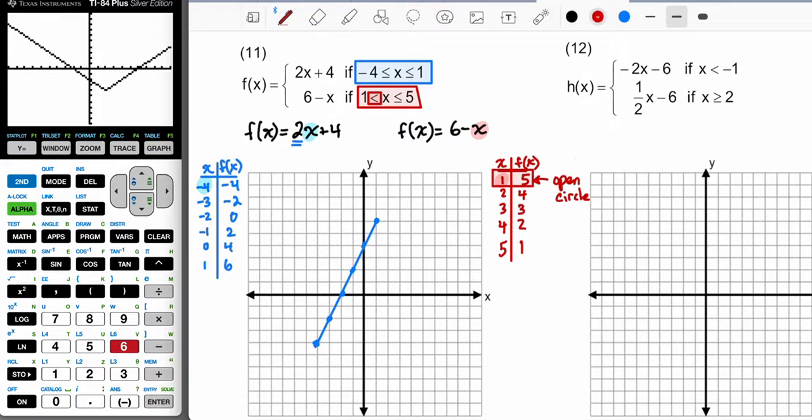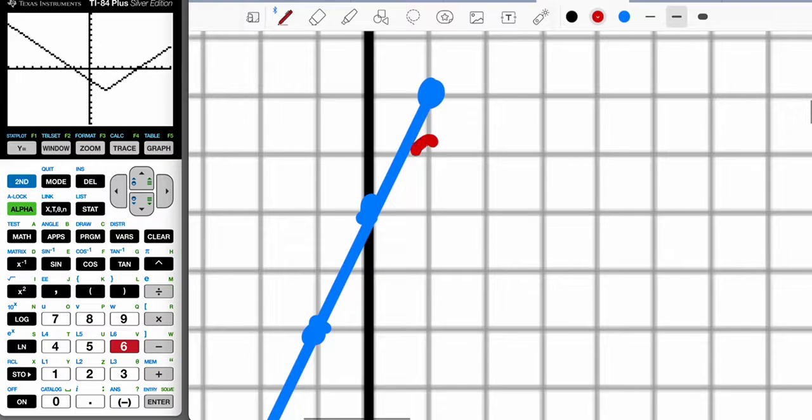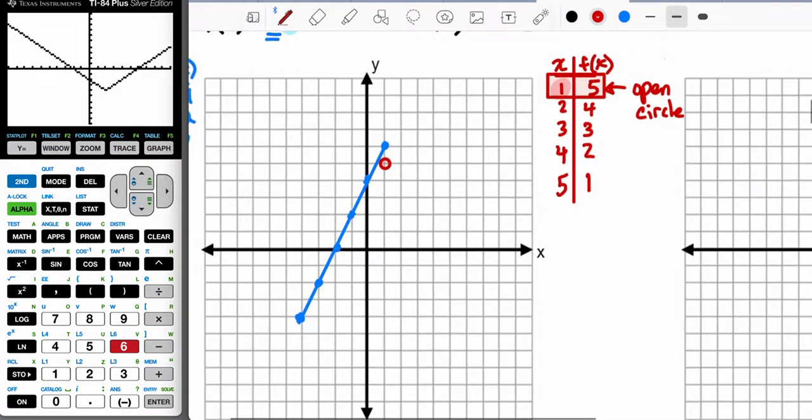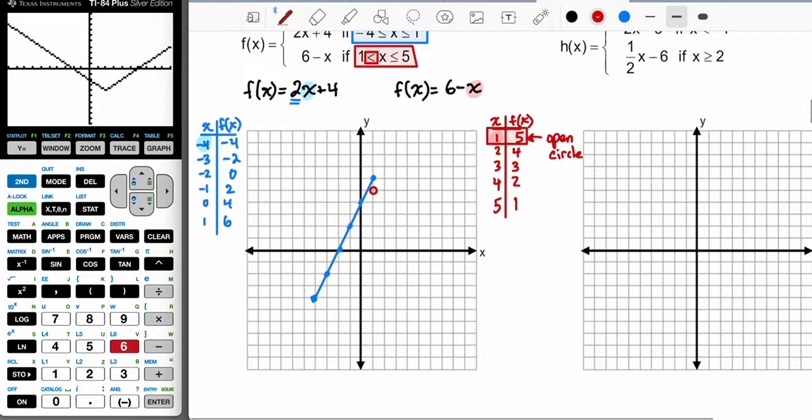But then at 1, 5, we plot an open circle. The rest of the points are all solid points. So 2, 4, 3, 3, 5, 2, 4, 2, and 5, 1. And that would be your piecewise function.